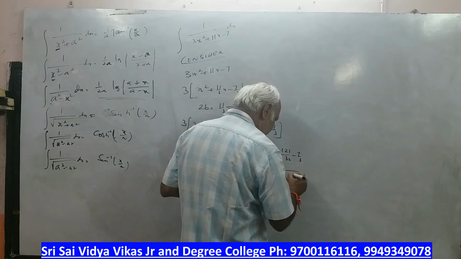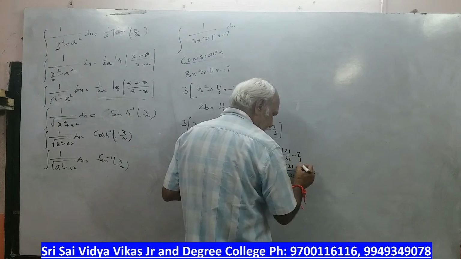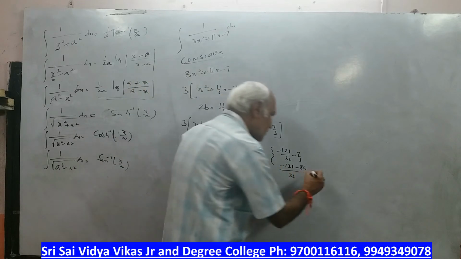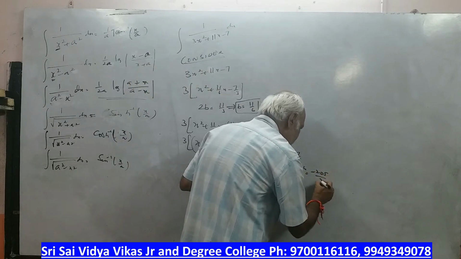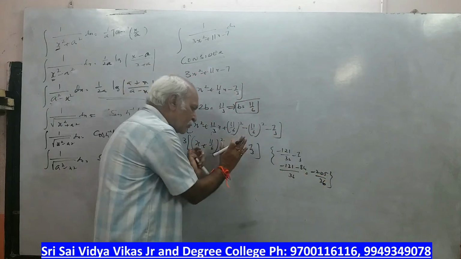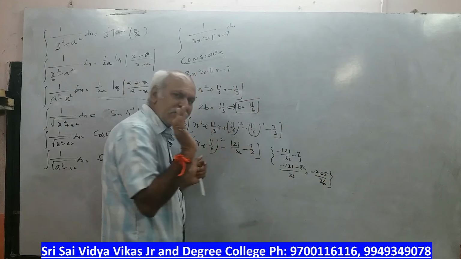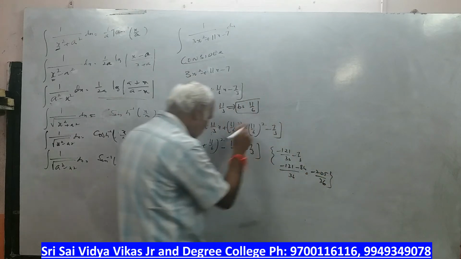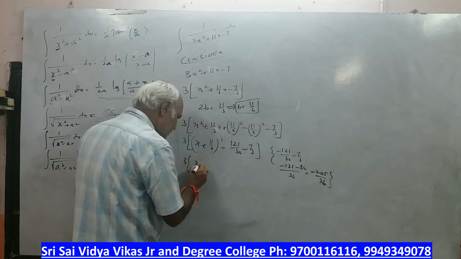LCM is 36, minus 84. 3 12s are 36. So what will happen? It becomes whatever sign we get, we should write here. Don't bother that minus is there. Again I am repeating, what value we got? Minus 205 by 36. You write it as this. What do I mean by this?